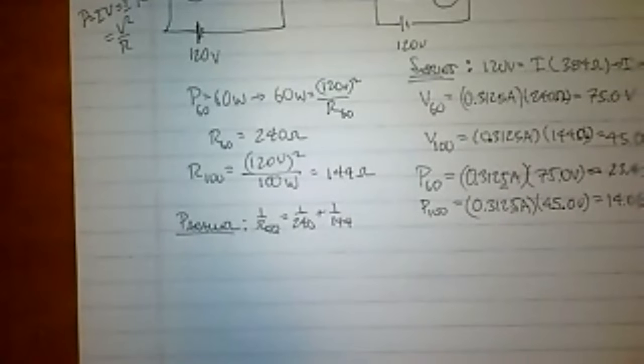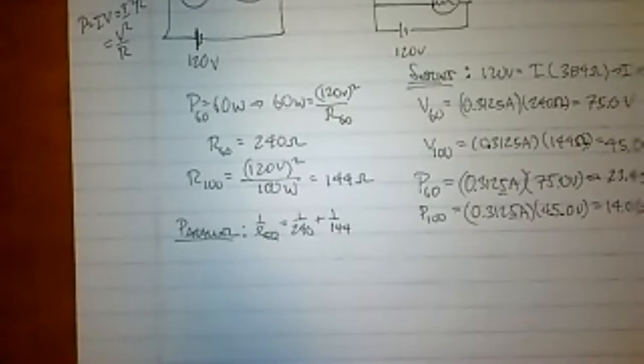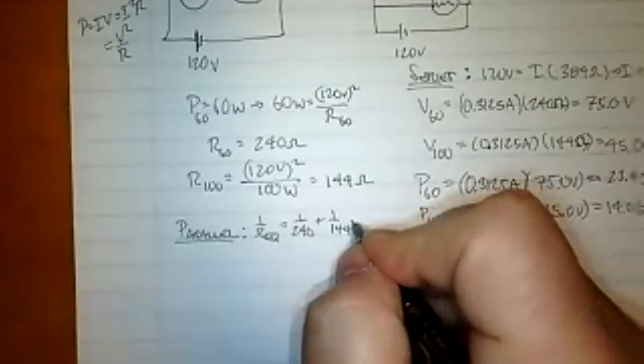So I'm going to say 1 divided by 240. That gives me 0.004166 plus parenthesis 1 divided by 144. Now that I've added them, I got 0.011111111. That's this side. Now I got to take the reciprocal of that. So I'll do 1 divided by that answer. And that gives me 90. Wow, that was a lot easier than I thought.